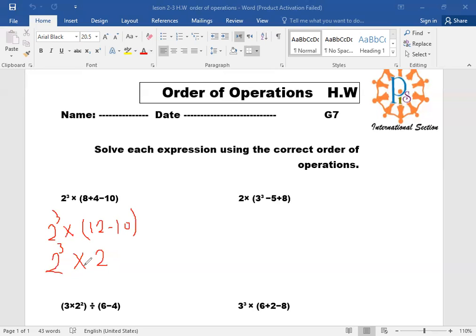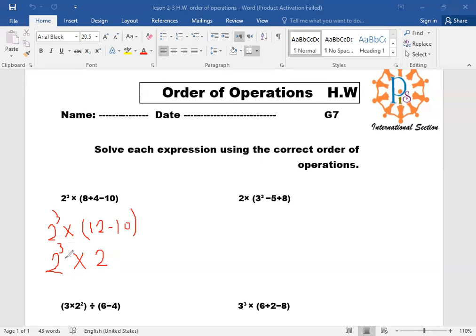2. Now you have exponents, right? So according to the order of operations, we will start with 2 to the power of 3. What does 2 to the power of 3 mean, Hassan? It means 6. No, no. 2 to the power of 3 means that you are going to multiply the number 3 times.